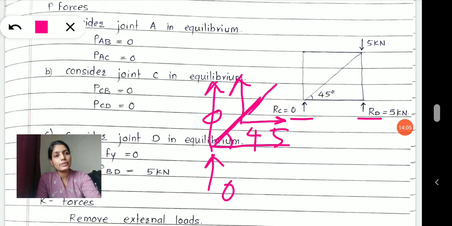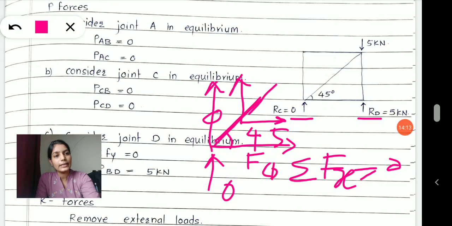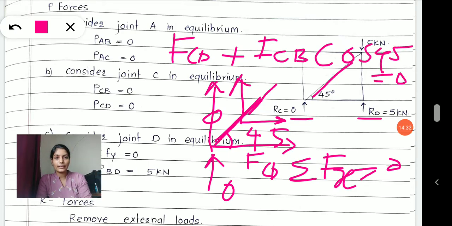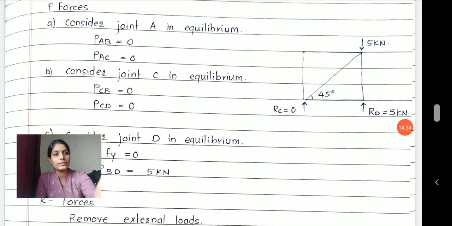And when I do summation Fx equals to 0, then this force is FCD, plus this force is CB, force CB into cos 45 equals to 0. That is my first equation.